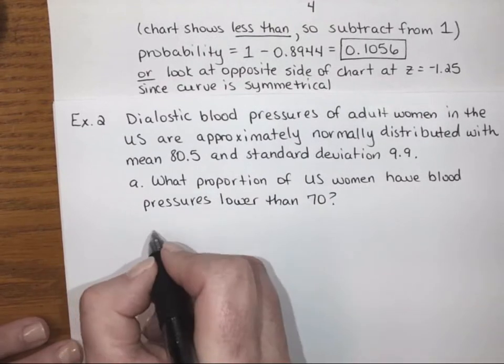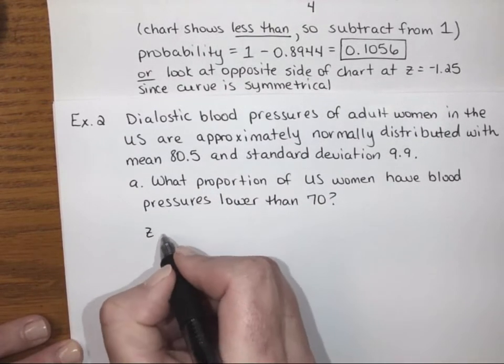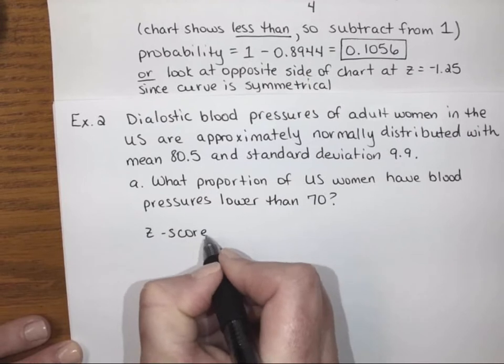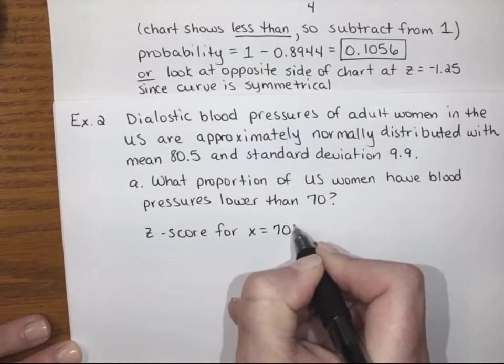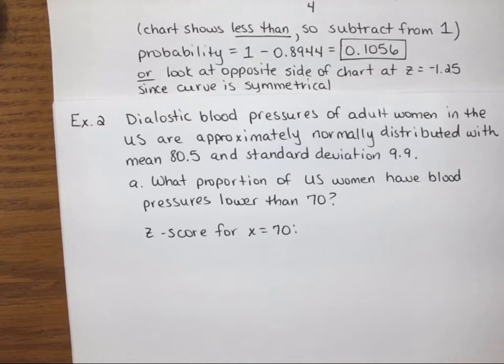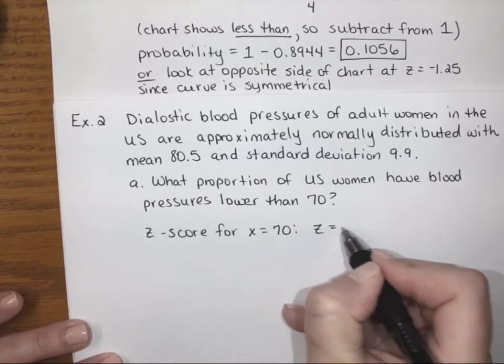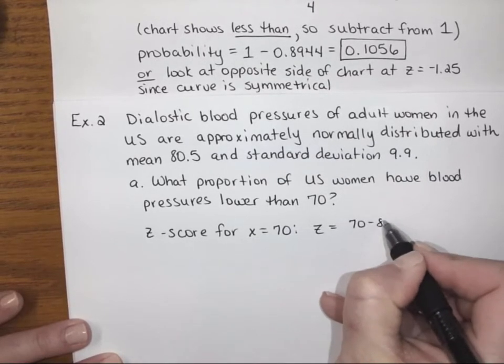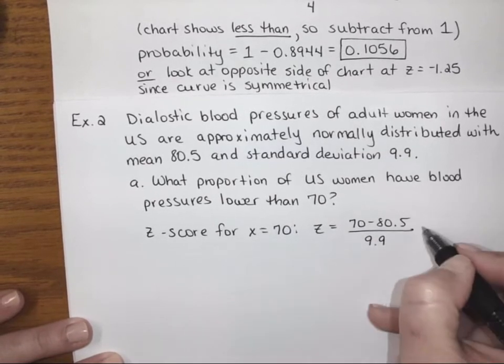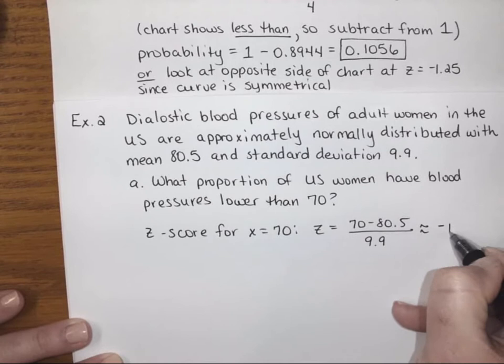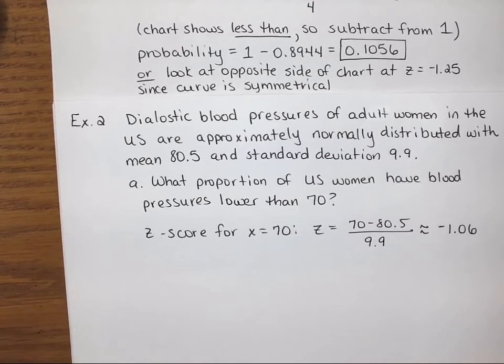So in order to figure that out, we could draw a picture, but we don't necessarily have to. But if you want to, you can draw a picture of the bell curve just to get a taste of what it looks like. But what I really need to do is find the z-score. So z would be 70 minus the average of 80.5 over the 9.9. You only need to round the z-score to 2 decimal places because that's all the chart reads anyway. So we get z equals negative 1.06.